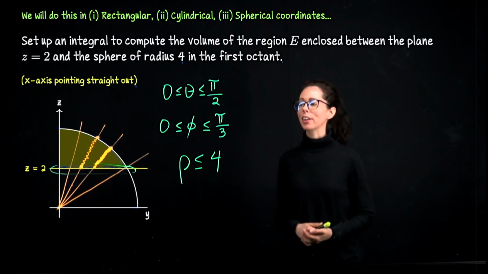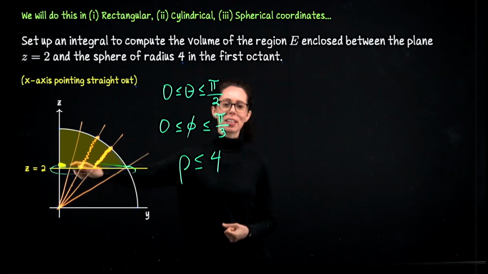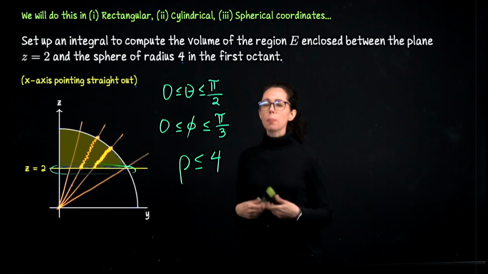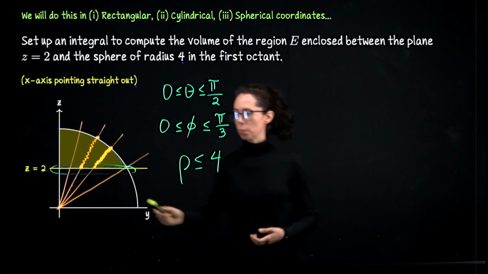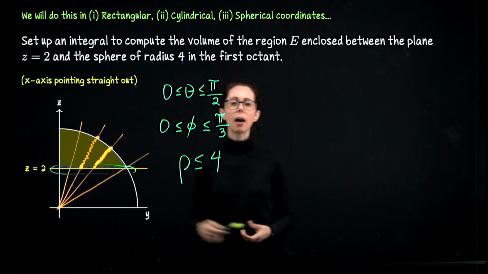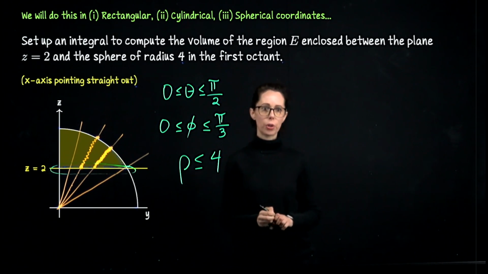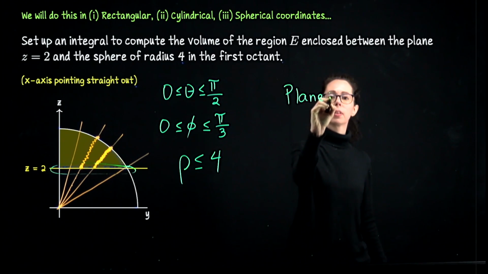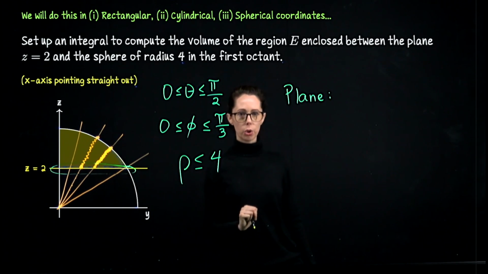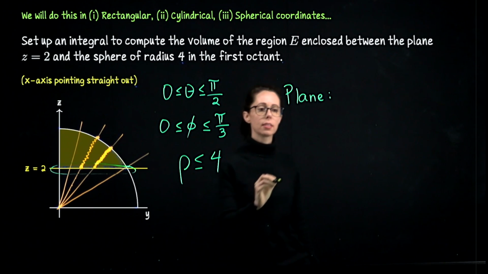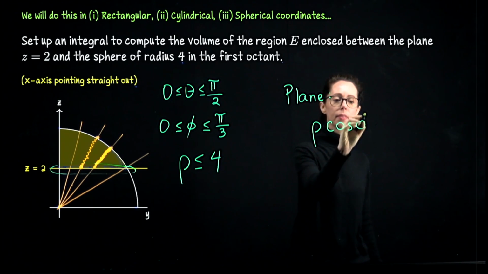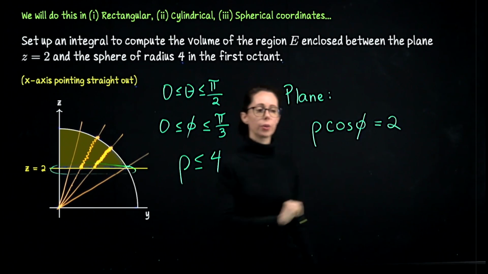If you look at this diagram, maybe particularly as you circled it, it would jump out to you that the relationship between rho and phi is really going to come from the plane z equals 2. So remember what we just wrote down. The plane z equals 2 in spherical coordinates is rho cosine phi equals 2.